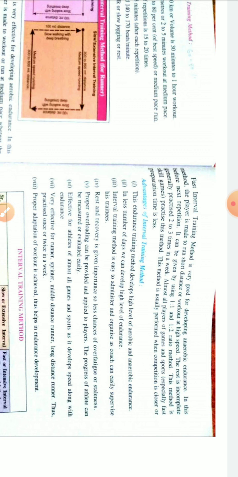In these training methods, the player does a short distance workout with high speed, and then incomplete recovery before the next repetition. Okay, the distance is short with high speed, and then incomplete recovery, and so on.